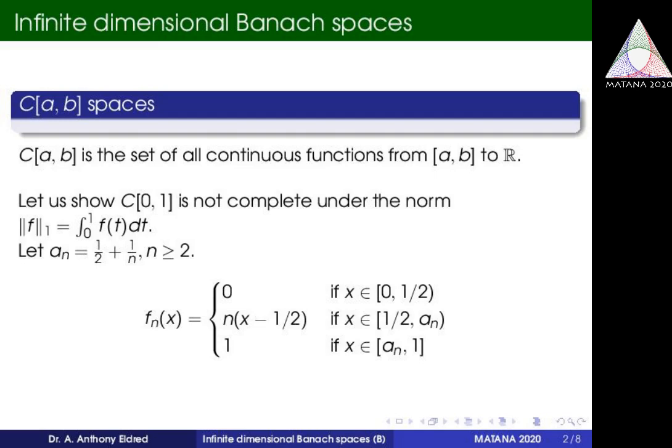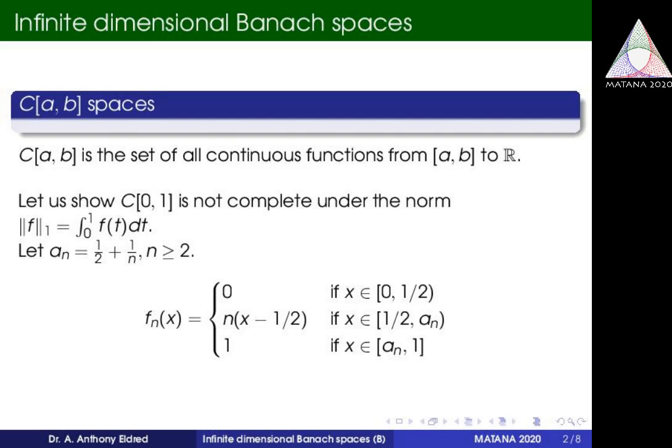So we can see that f_n(x) is a function from [0,1] to R, and also that f_n(x) is a continuous function because of the common points. Whenever a function is defined on various domains, we have to check the function at the common points to see whether it is continuous or not.